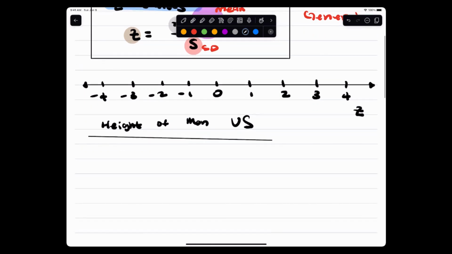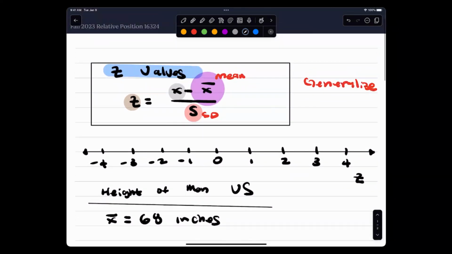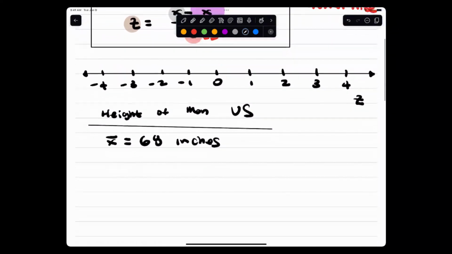It's actually the mean. I think it's going to be 5'8". I'm going to put it in inches, okay? So Triola, the author of your book, has always reported the mean is 68 inches. What's the standard deviation? 2 point what? 9 inches. Okay.